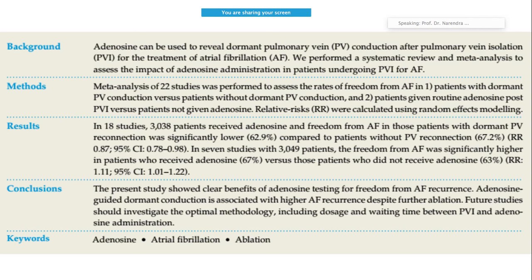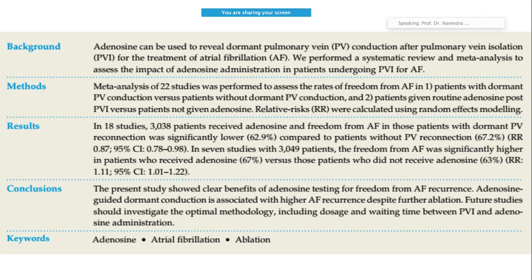And the relative risk was calculated. So you tell about the methods, what you used, what the numbers were. And now comes the results. In the results, you start talking about the big numbers. What did you get when you did all these things? In this, what you got was 18 studies, in which there were 3,000 patients who had undergone the procedure.